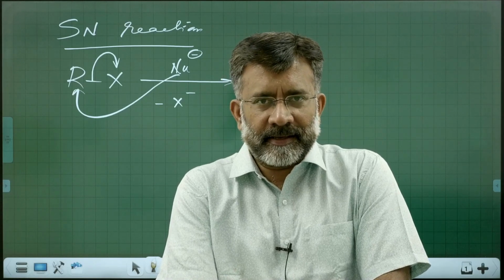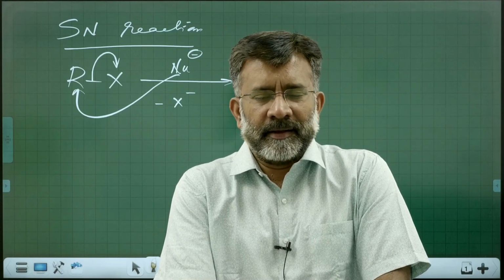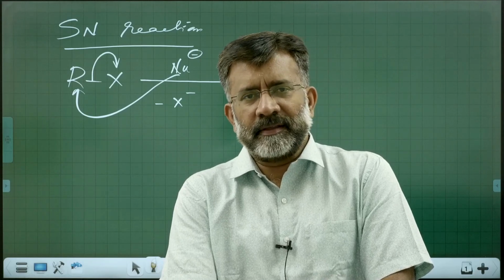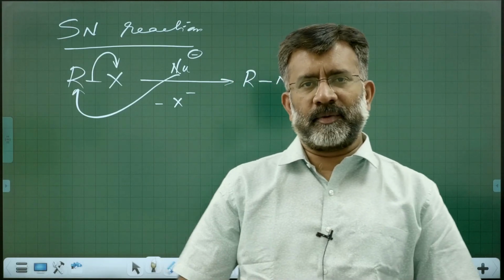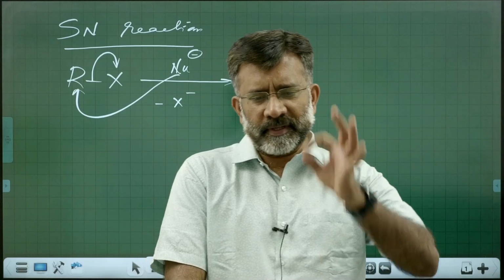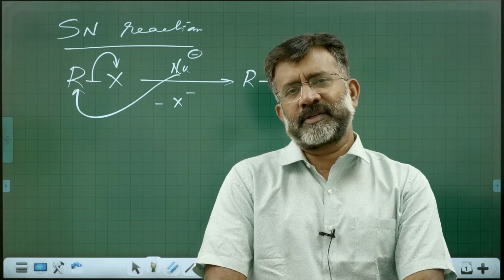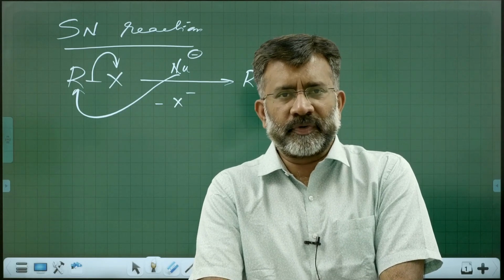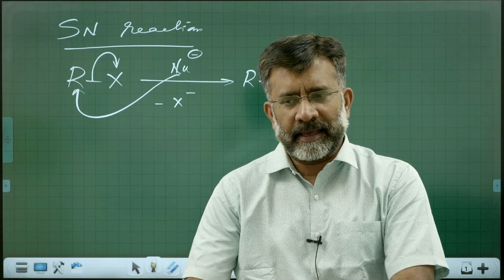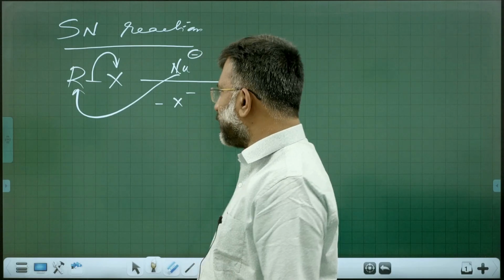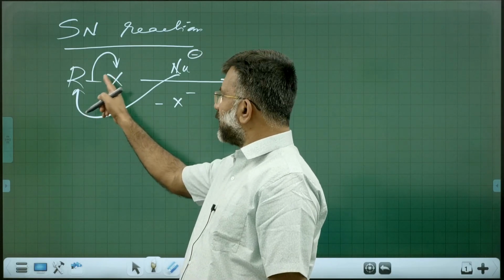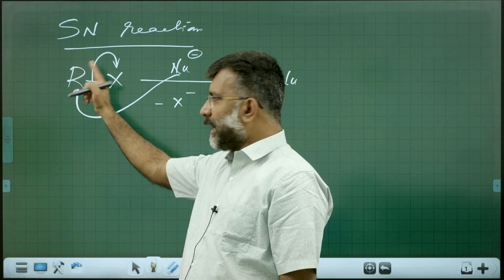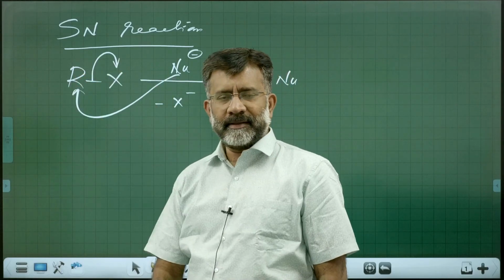Haloalkanes are especially giving this reaction. So one of the characteristic reactions of haloalkanes is nucleophilic substitution reaction, as they are prone to heterolytic cleavage, giving X minus and R plus, which is attacked by a nucleophile.